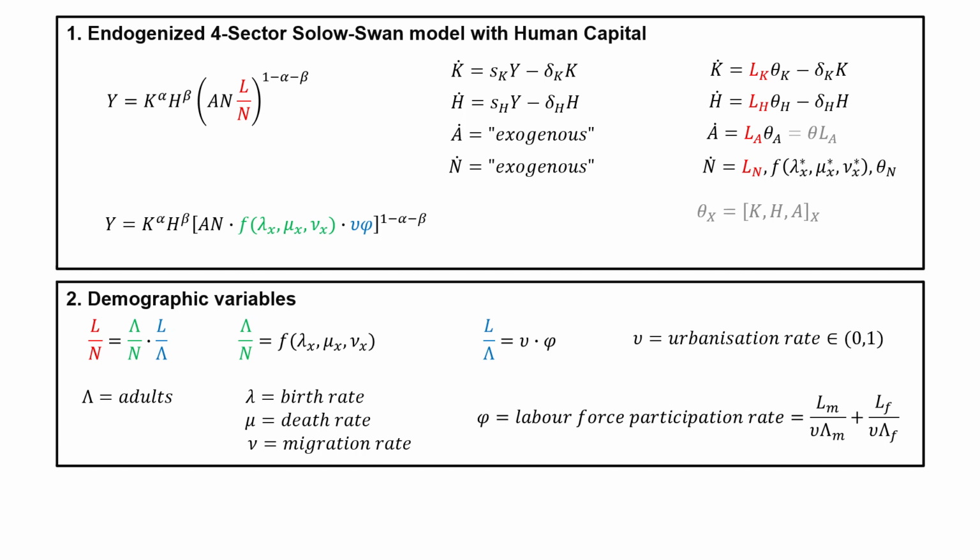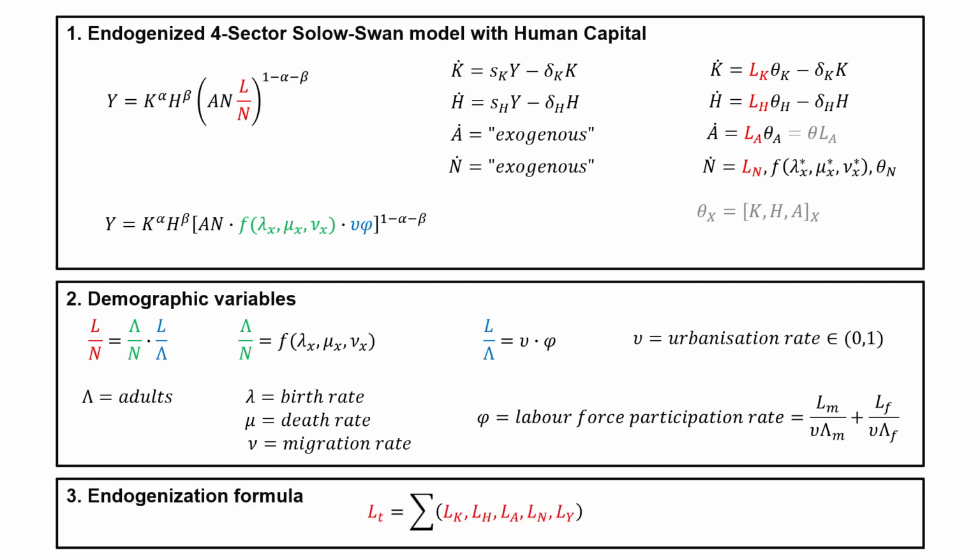So we now have a production function together with various endogenized laws of motion that better explain how these assets and resources are produced using labor, and recognizing that axiom that labor is the primordial factor of production.